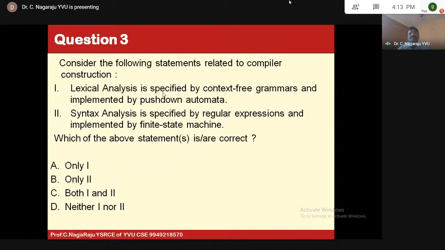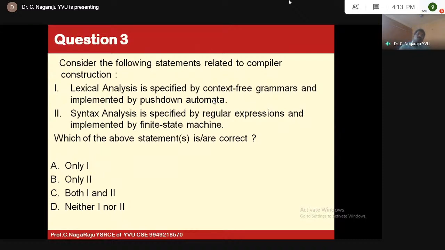Lexical analysis is specified by context-free grammar and implemented by push-down automata. Second, syntax analysis is specified by regular expressions and implemented by finite state machines. Which of the above statements are correct?